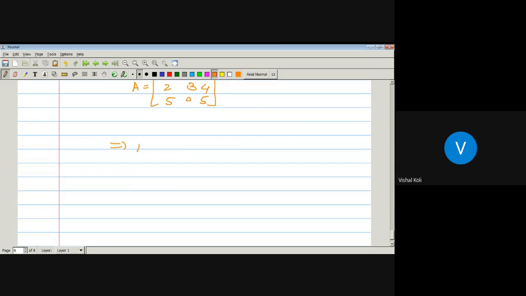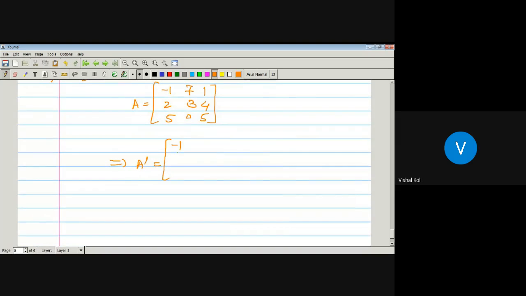Now its transpose has the first row as the first column and the last row as the last column. Now we know that if A is any square matrix, then it can be expressed as the sum of a symmetric and a skew symmetric matrix, that is A equals P plus Q, where P is equal to 1 upon 2 (A plus A dash) and Q equals 1 upon 2 (A minus A dash).